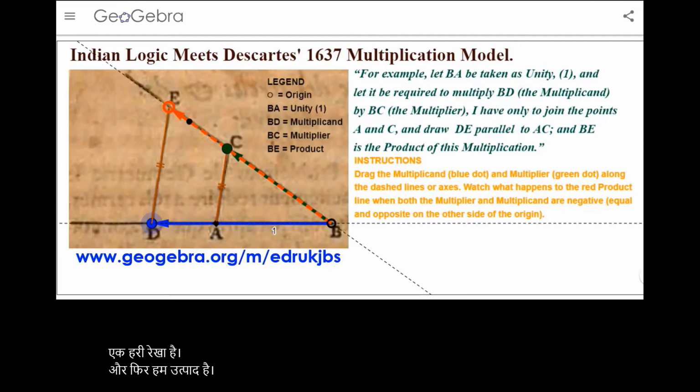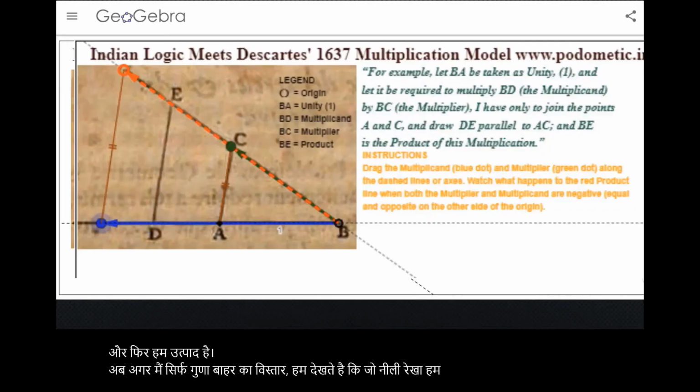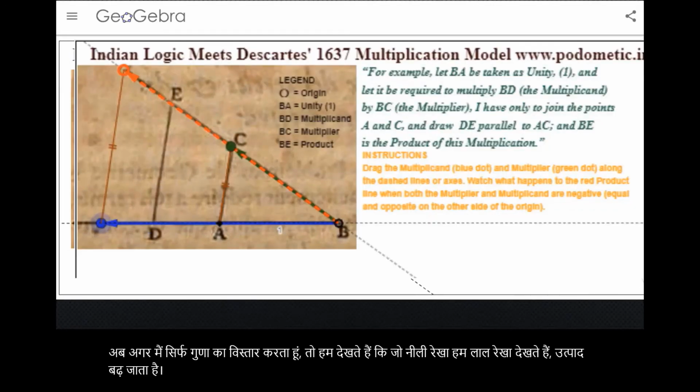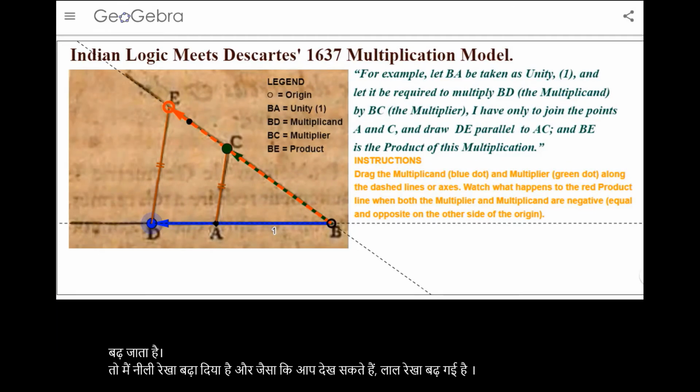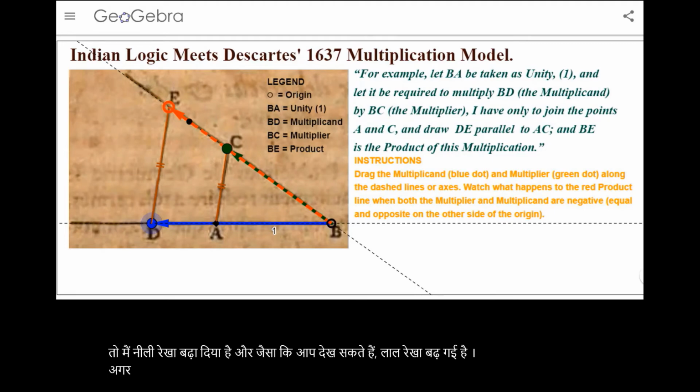Now, if I extend out the multiplicand, the blue line, we see the red line, the product, increases. If I reset it again, this time I'm going to extend the multiplier, the green line, and we will also see the product increase.